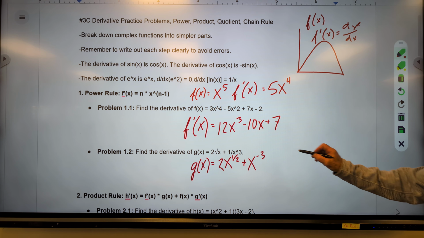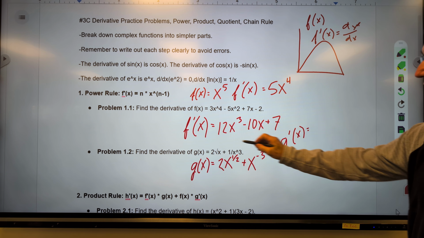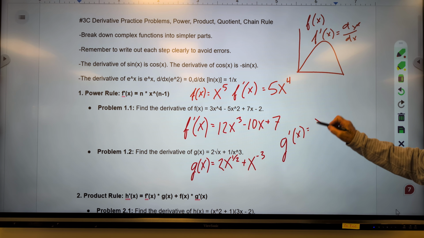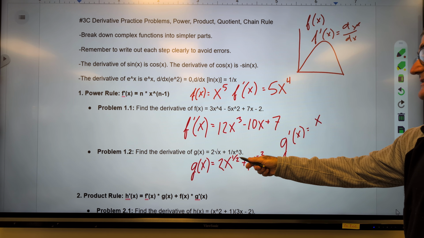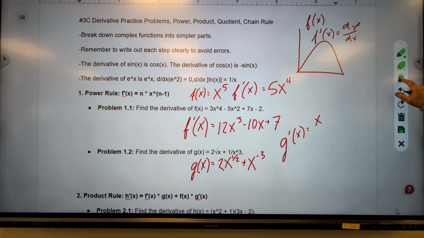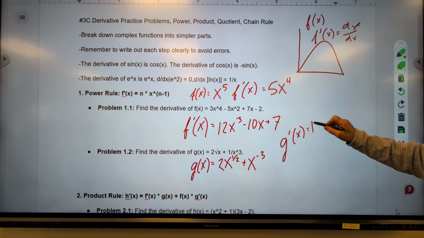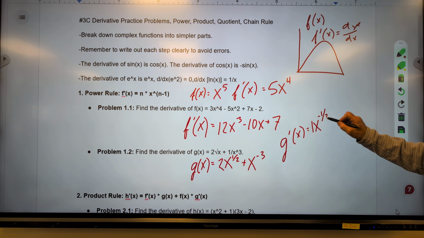So if that's g of x, g prime of x, the derivative of that, is 1/2 comes down in front to give me x to the negative 1/2. Oh, sorry. 1/2 times 2 is 1. x to the negative 1/2.